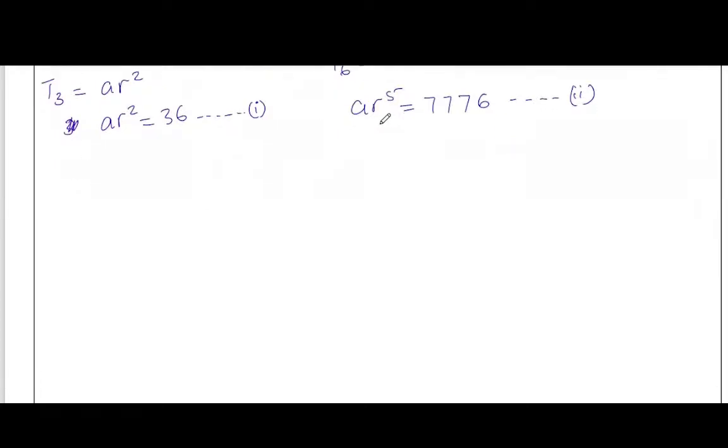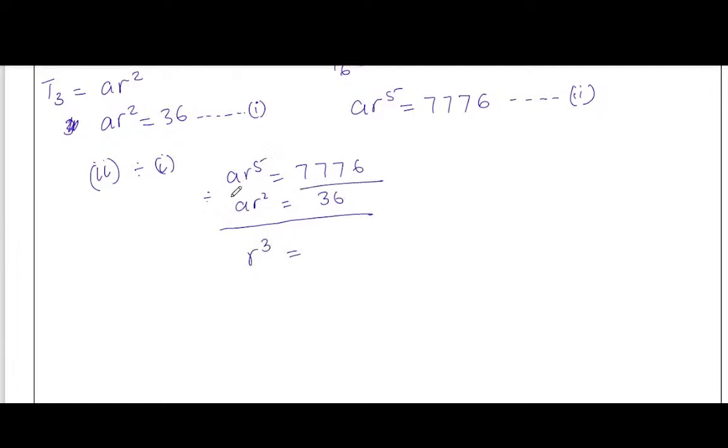Since this looks to be the bigger one, I'll say equation 2 divided by equation 1. So it's A R to the 5 equals 777,6, divided by A R squared equals 36. When I divide this, the A's cancel, and I'll be left with R cubed.